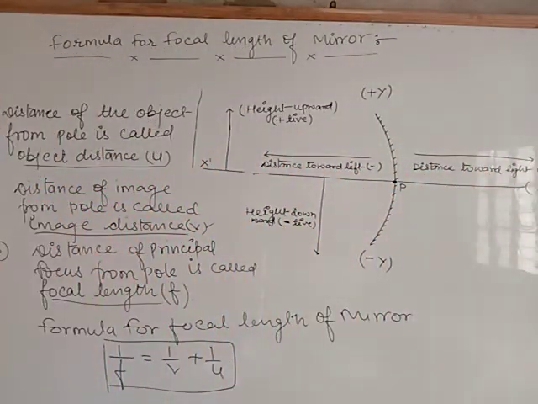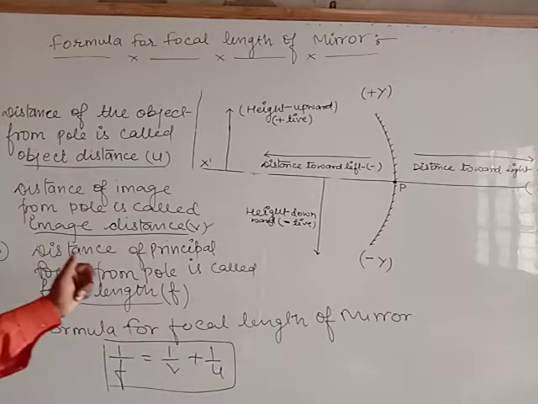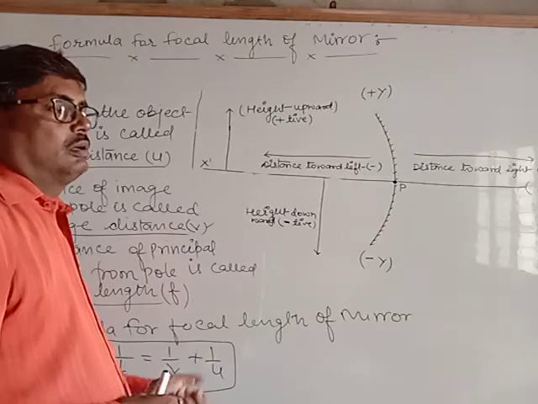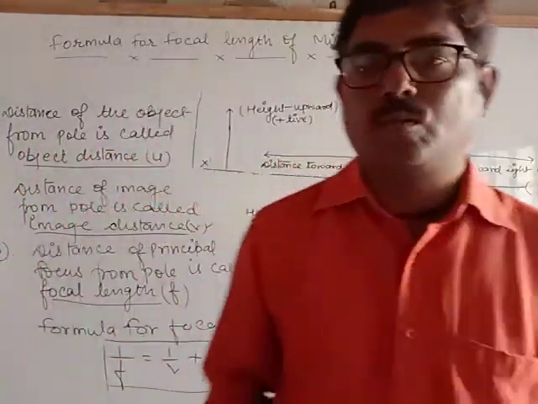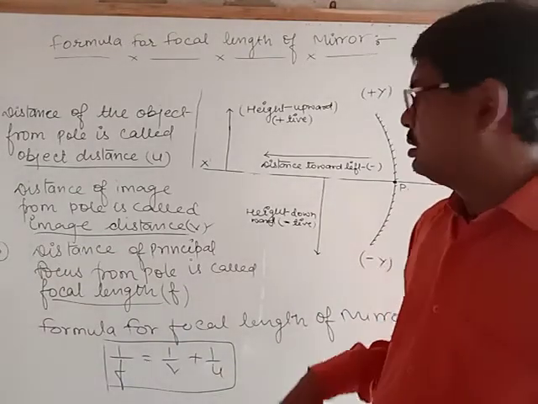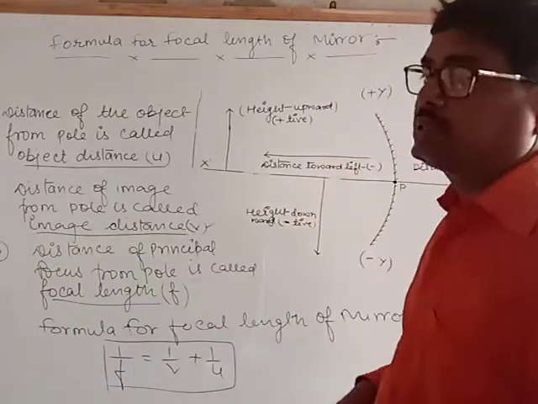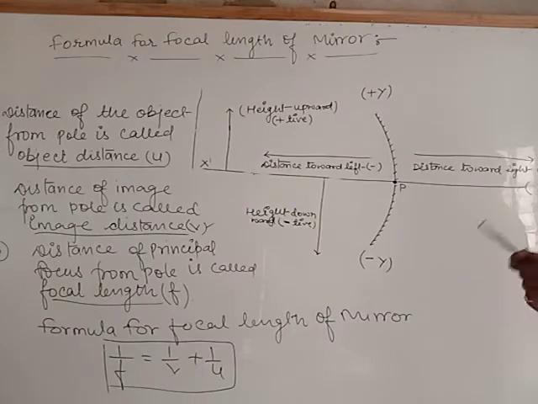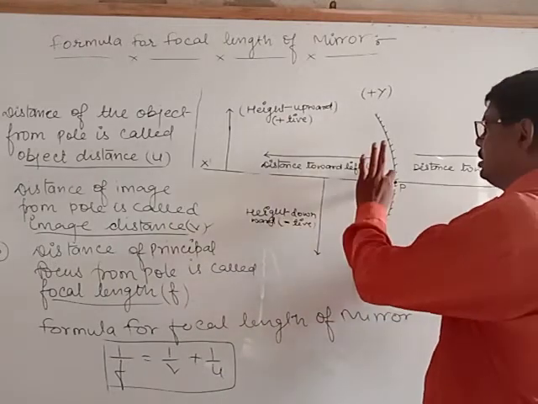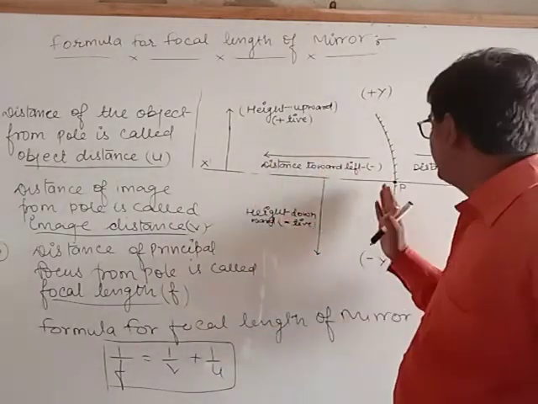Suppose, in the sign convention, it is given that the object is always placed at the left side of the spherical mirror, which means the object is placed toward the left from the pole.